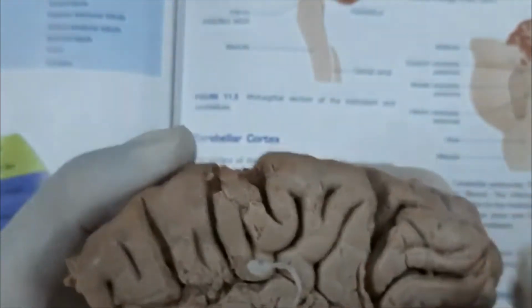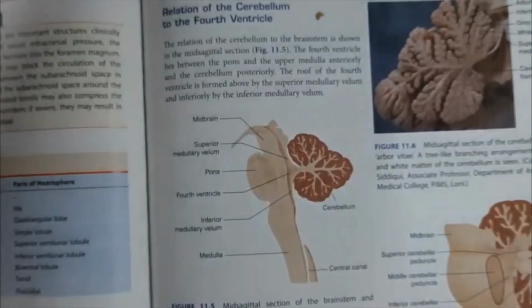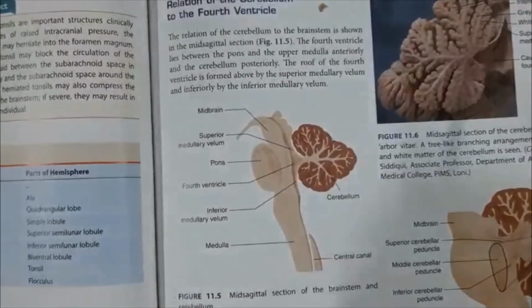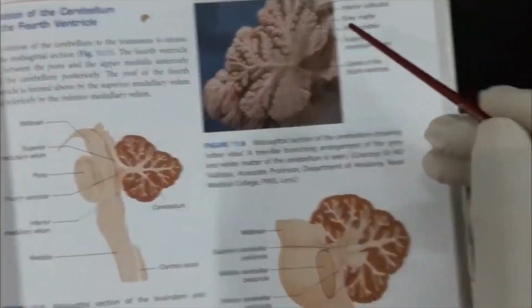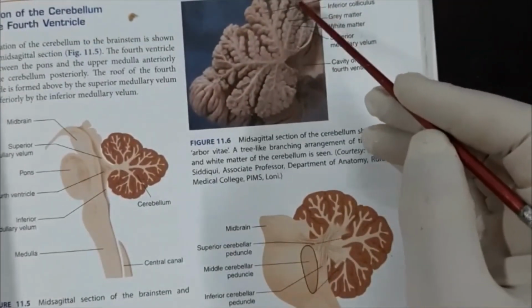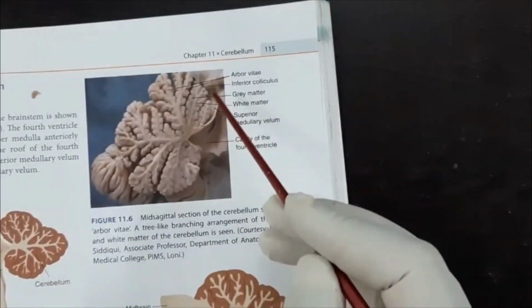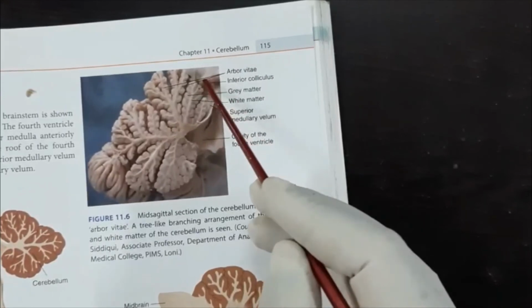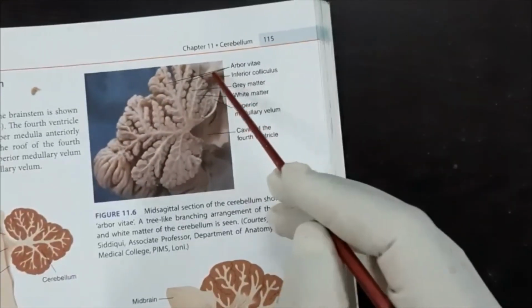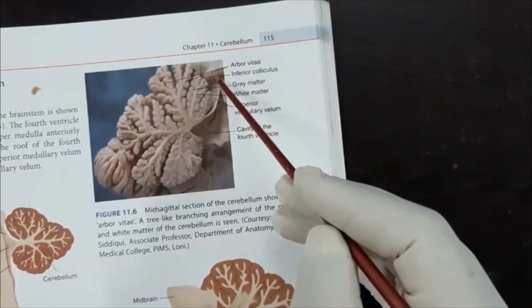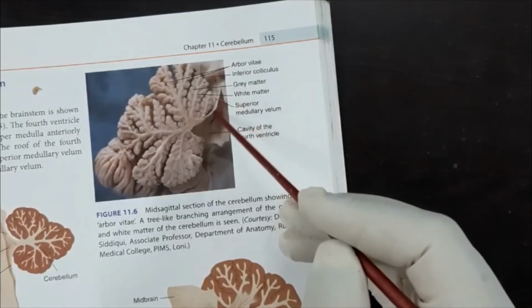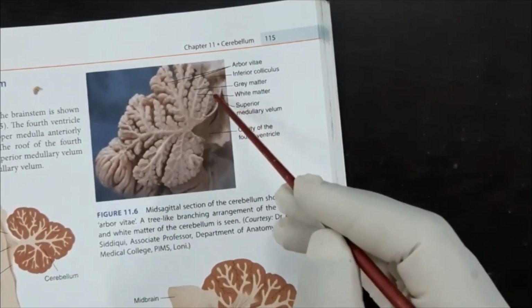Okay, now you can see in this diagram also this arbor vitae which I am showing you from the specimen, and this is a good diagram because it is not only showing you the posterior surface of the midbrain. See this, the inferior colliculus is seen on this side as well as part of this, and you can see the midline cut here with the superior medullary velum.